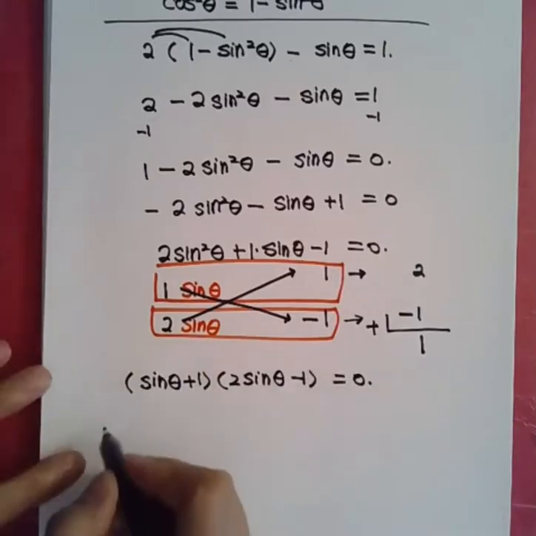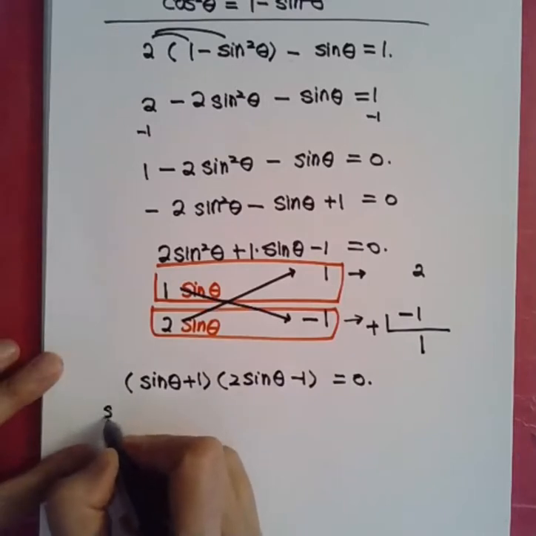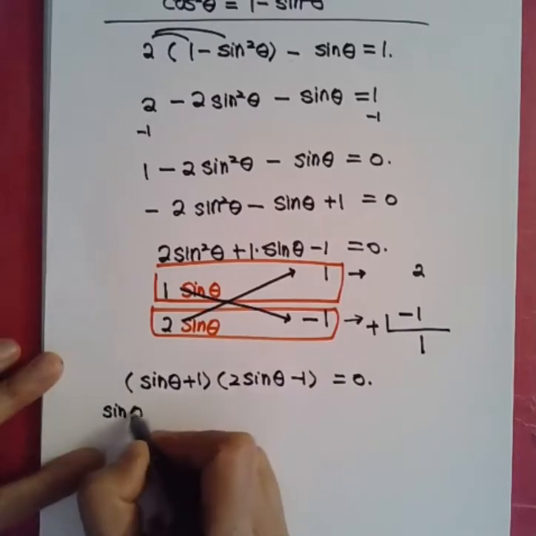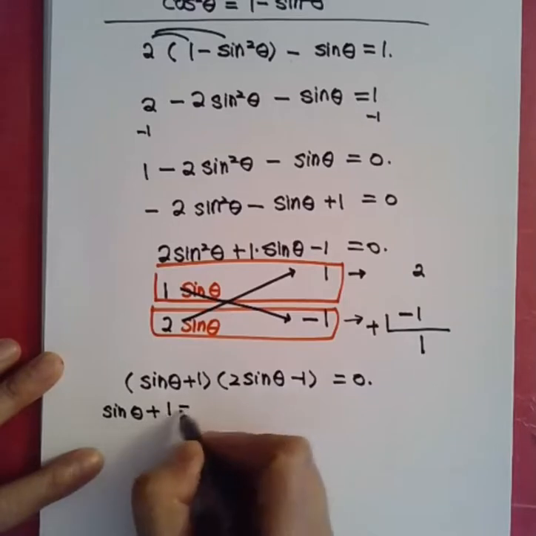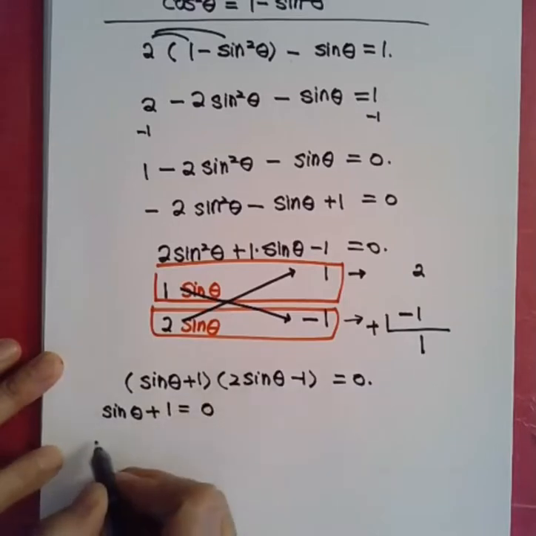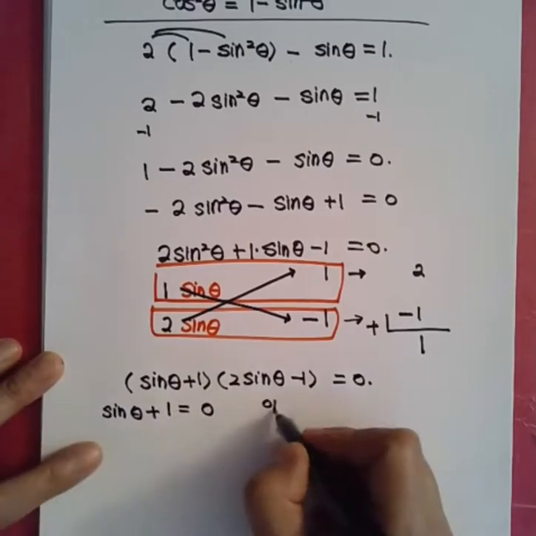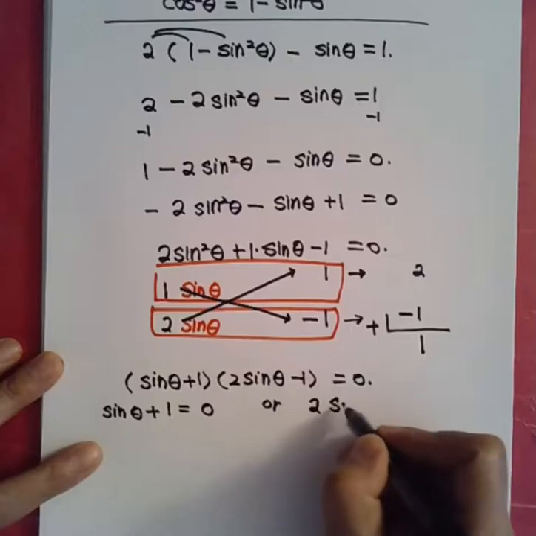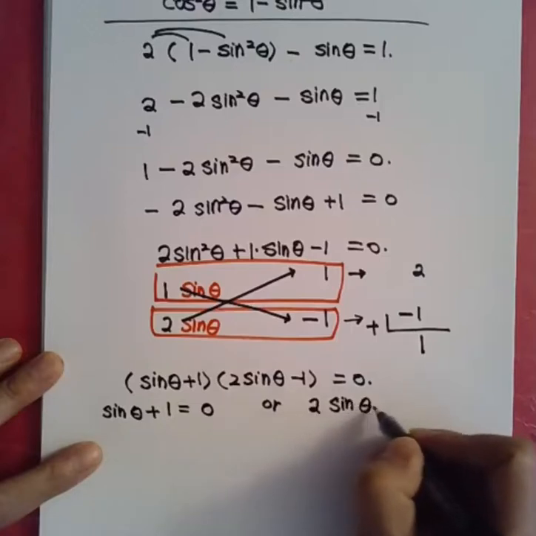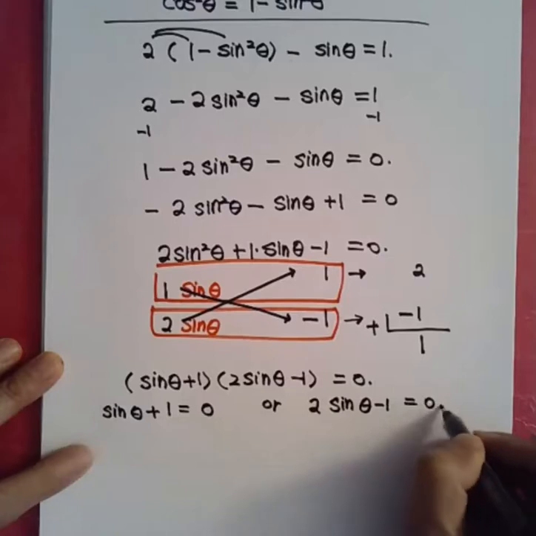So we have two equations. One is sine of theta plus 1 equals 0, or 2 times sine of theta minus 1 equals 0.